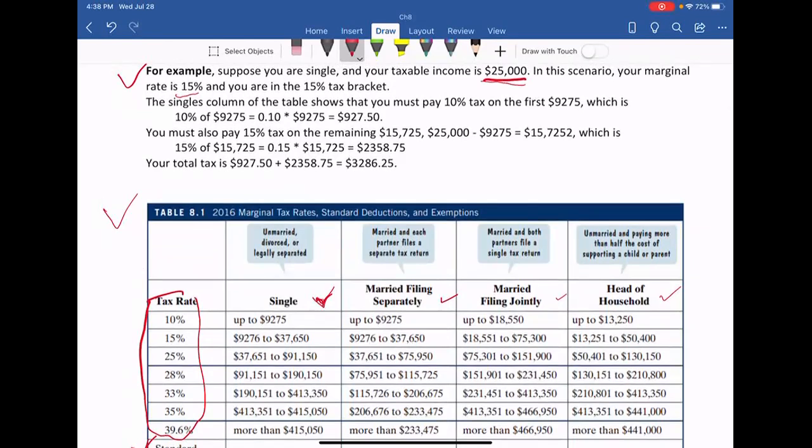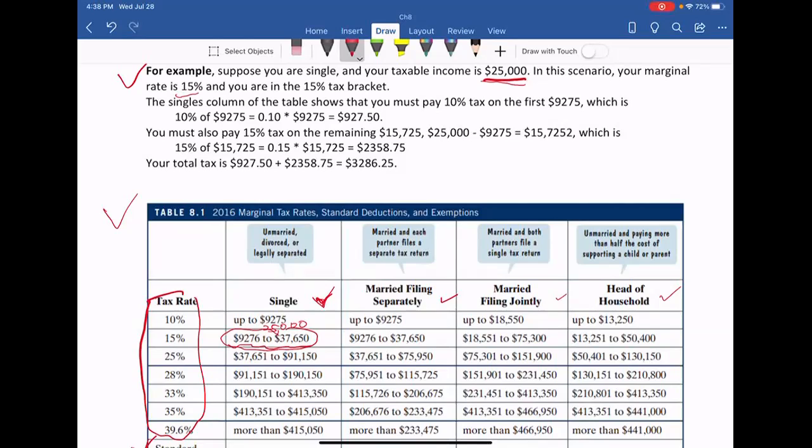You find your income range is here because your money is 25,000. So it's between these. How to find the income tax? They already provide you the taxable income.